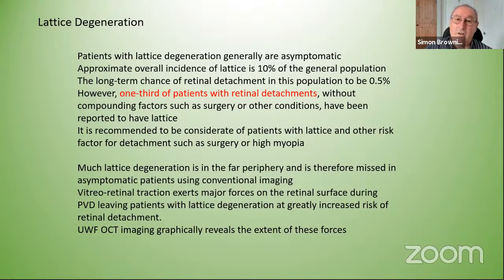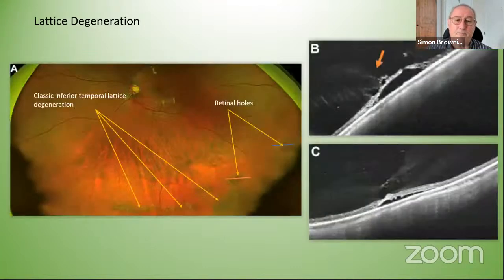Much lattice degeneration obviously is in the far periphery, and therefore it can be missed on asymptomatic patients just using conventional imaging. And vitreoretinal traction, as the vitreous begins to peel away from the retina, exerts real major forces on the retinal surface during PVD. So this leaves patients with lattice degeneration at a really greatly increased risk of retinal detachment.